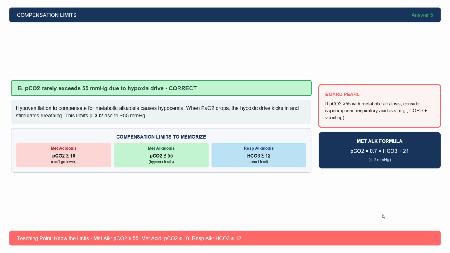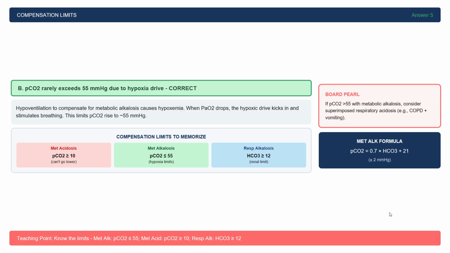For metabolic alkalosis, the PCO2 rarely rises above about 55 millimeters mercury because the hypoxia prevents further hypoventilation. For chronic respiratory alkalosis, the bicarbonate level usually cannot fall below about 12 milliequivalents per liter, which represents the kidney's limit for bicarbonate excretion.